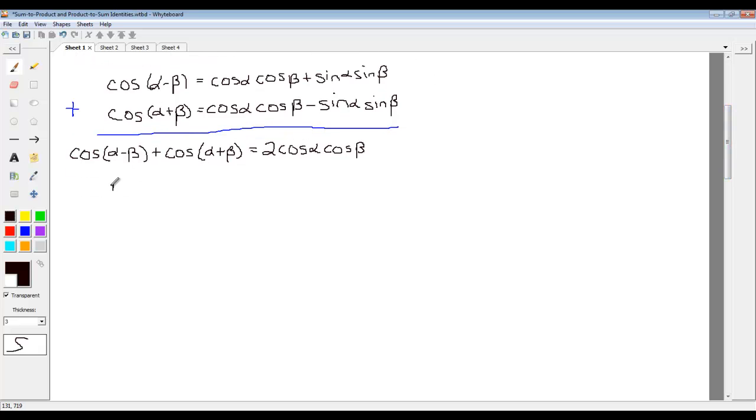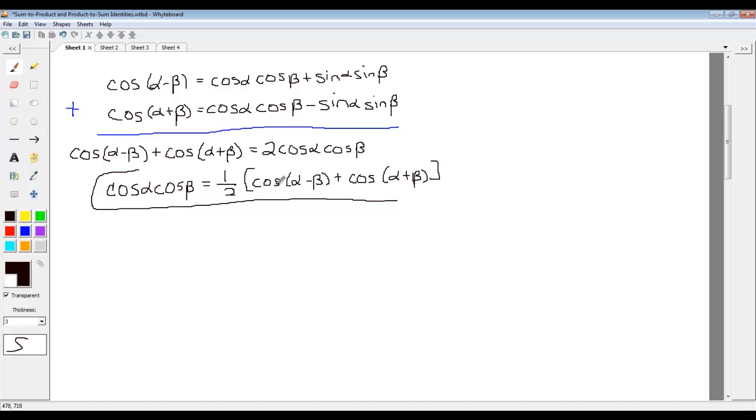Divide both sides by 2 so that cosine alpha cosine beta is nice and clean there. And that equals 1/2 times cosine of alpha minus beta plus cosine of alpha plus beta. And there's another one of your product to sum identities. Woo.